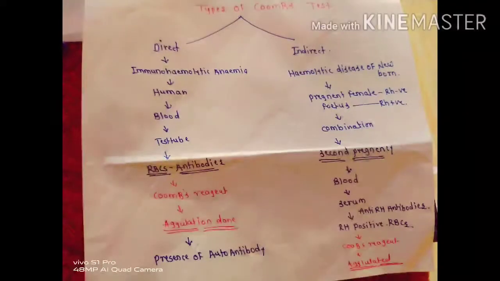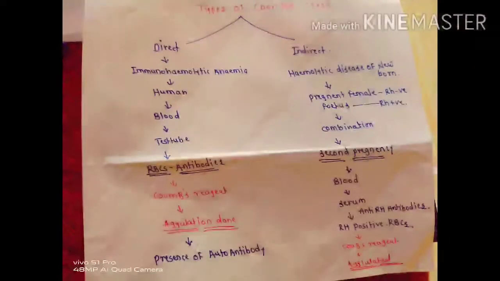Second is the indirect Coombs test, in which we can find hemolytic disease of the newborn. In this we take a sample from a pregnant female who has an Rh negative blood group and who bears an Rh positive fetus in her first delivery. Rh positive fetal blood cells enter the pregnant female's blood through the placenta.